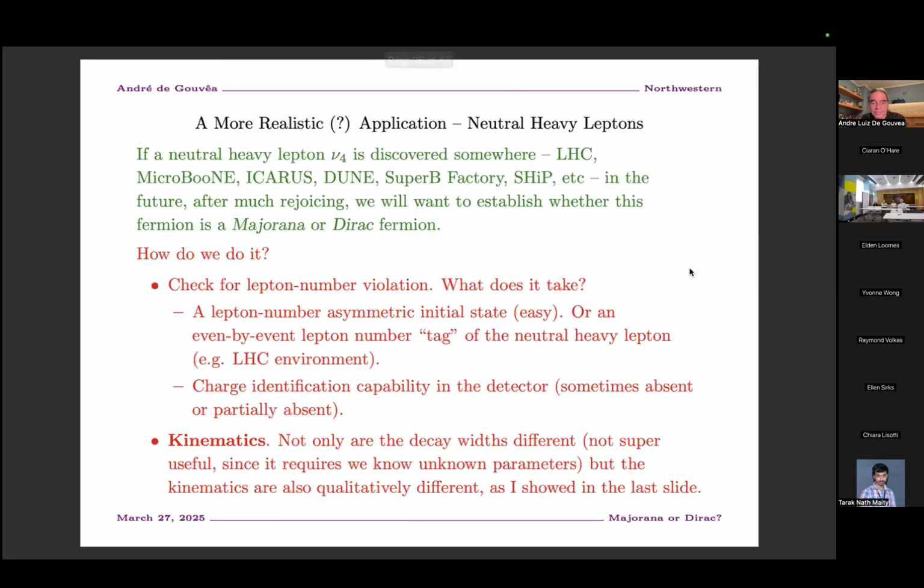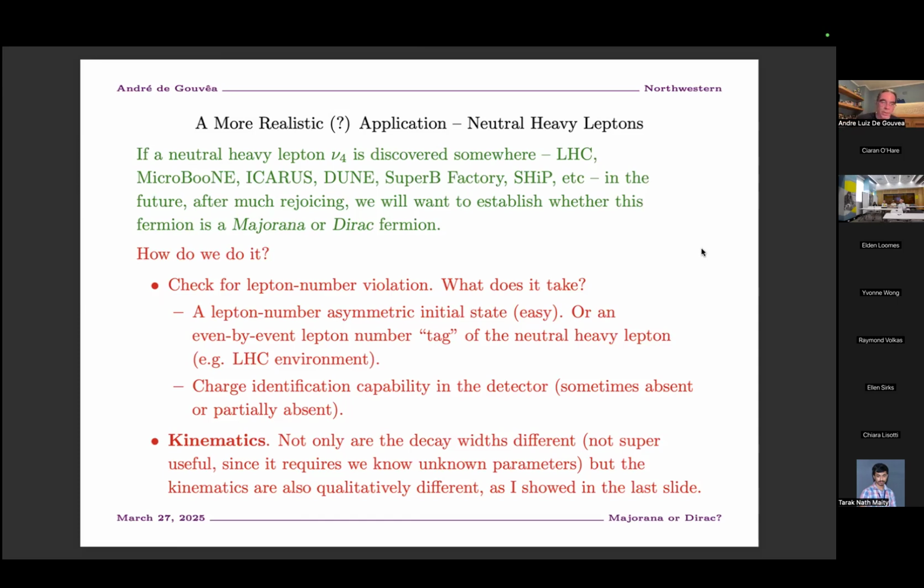All right. Because I don't want to dwell on this too much, I do want to say that, again, observing neutrino decay is very hard. But it turns out that there is a scenario where thinking about these things is useful. And it's in the context of a neutral heavy lepton.